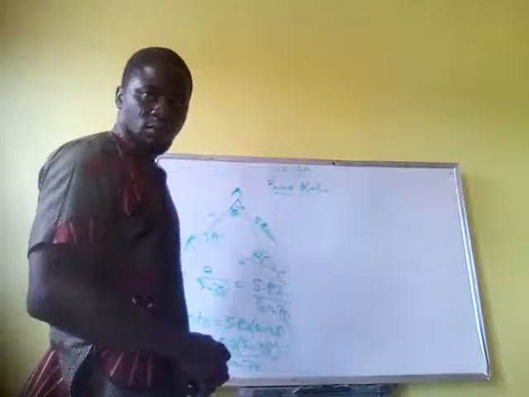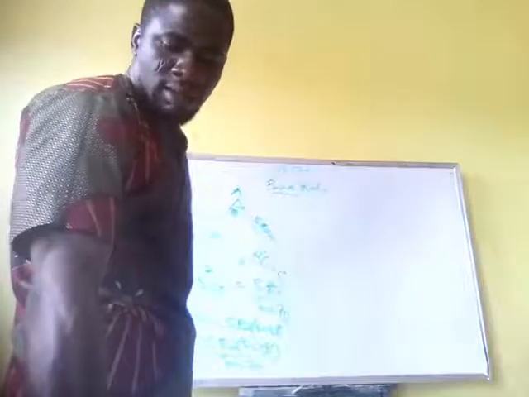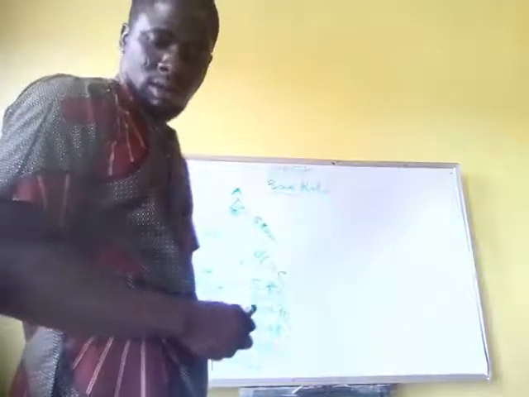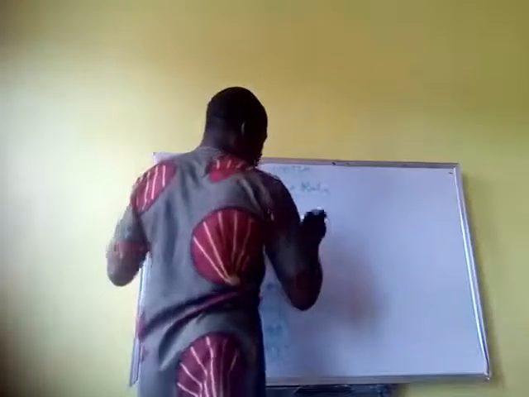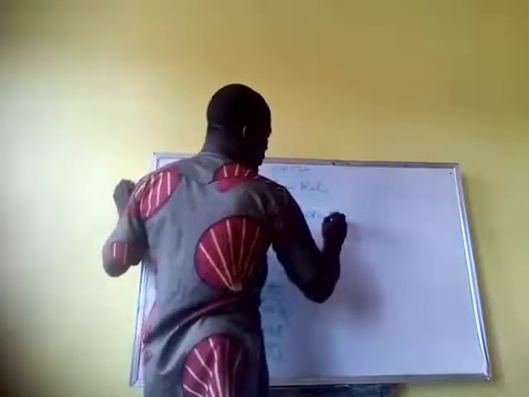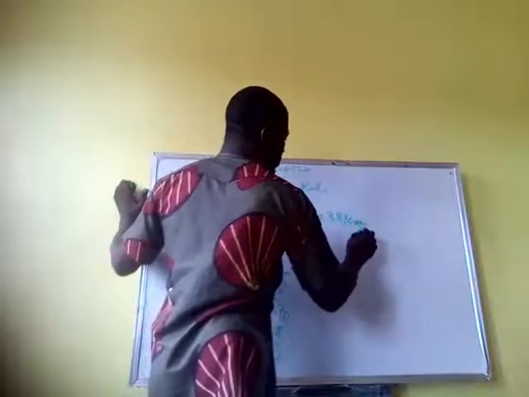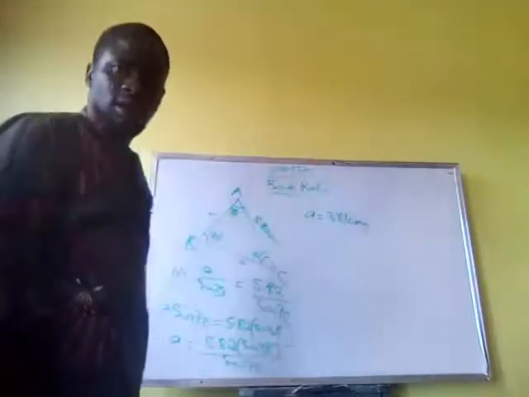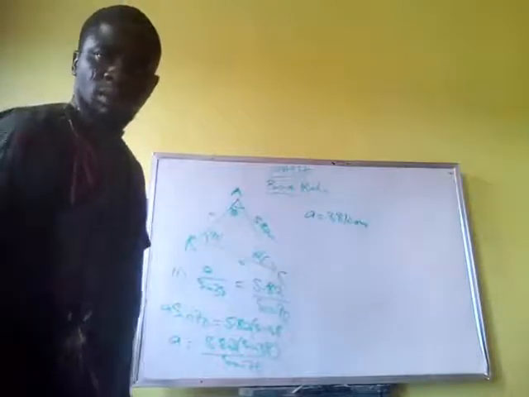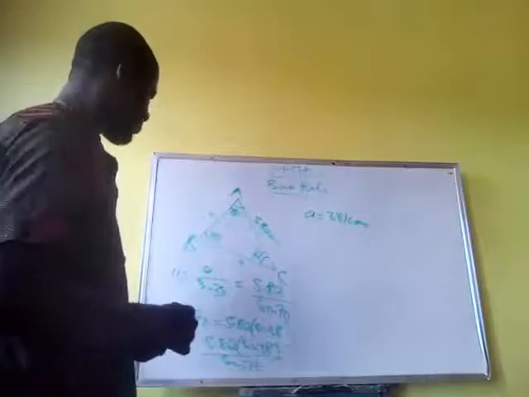If you do that, you will have your answer as 3.81 cm. My a now will be 3.81 cm as the answer. Now, the next thing we'll be doing is to solve for c.